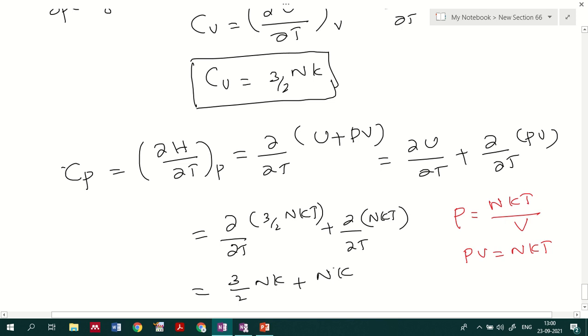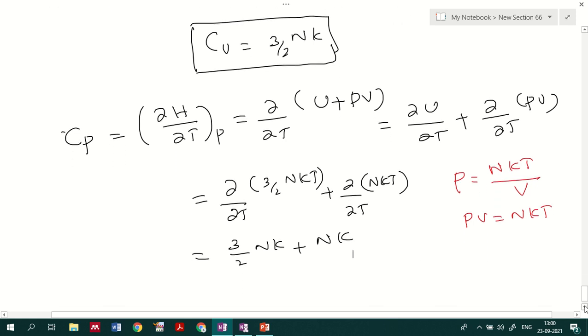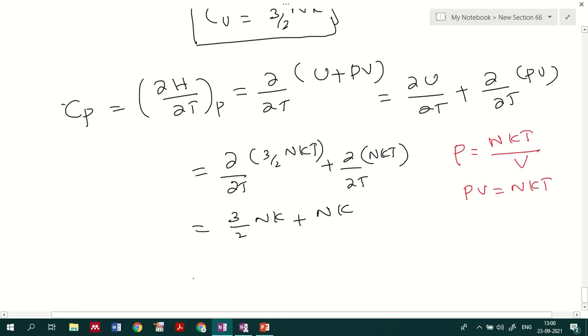So we know that Cp, the specific heat capacity at constant pressure, will be equal to 5 by 2 nk.